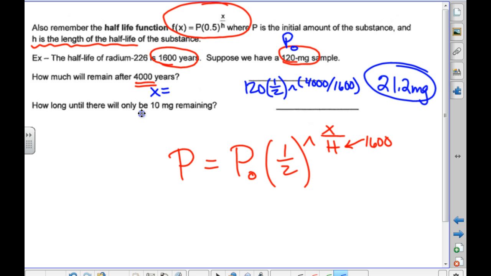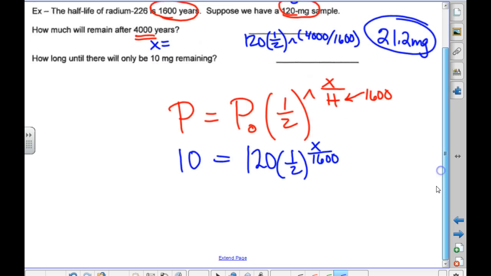Okay, how long till there will only be 10 milligrams remaining? Assuming we started with the same sample, and we're looking for the time it takes this time to get down to 10 milligrams. The time. Okay, so divide by 120.